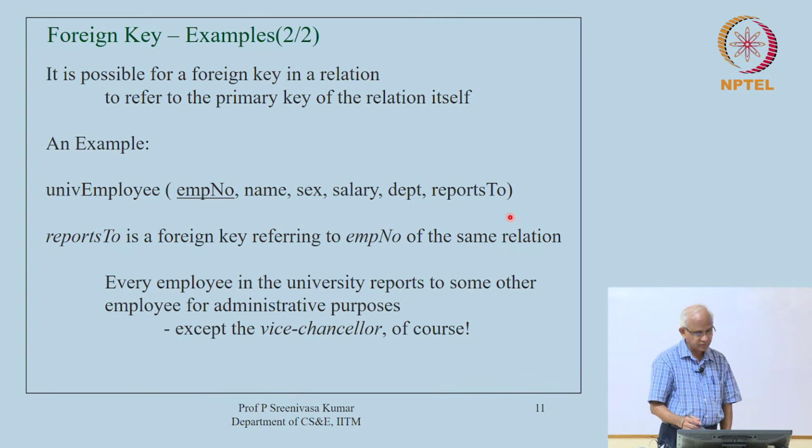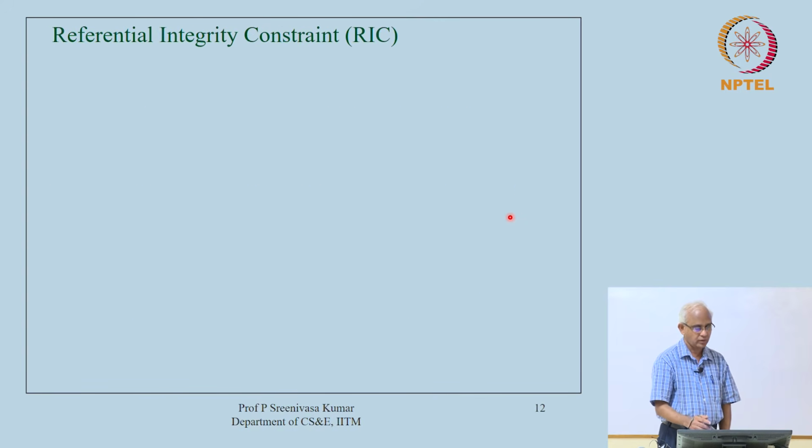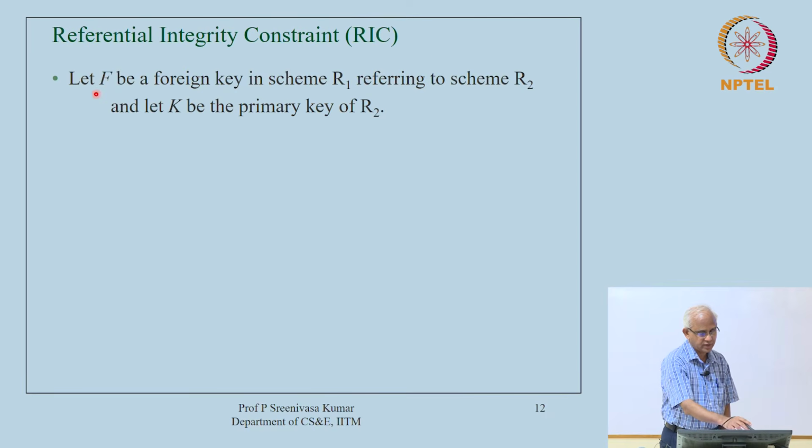Now that we have set up this notion of a foreign key, we can talk about what are called referential integrity constraints. We will call them RIC, which is basically some kind of a guard for these foreign keys. Let us say F is a foreign key in a scheme R1 referring to some scheme R2, and let us say K is the primary key for R2.